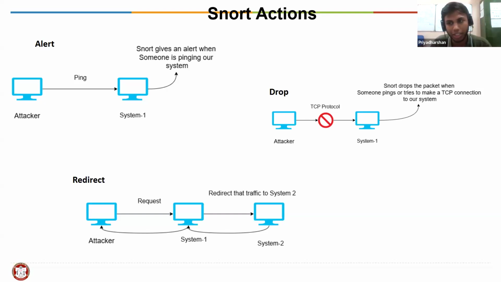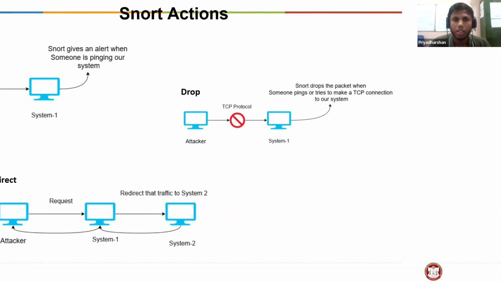In system 2, an HTTP service is running. So the attacker uses the HTTP service, and at system 1 we are able to monitor his behavior. If he's legit, we give him access, or we just tell him we are not hosting the web service. If it's an attacker, we just drop him.